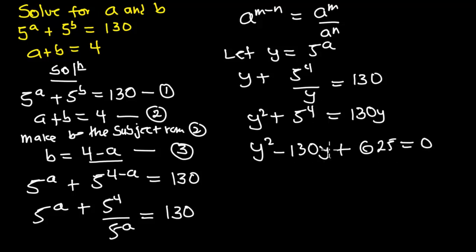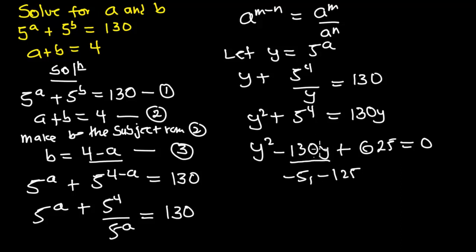Now we are going to manipulate negative 130y, in that we are going to find two numbers that when we multiply we get 625, and when we add we get negative 130. And so we pick negative 5 and negative 125. When you multiply negative 5 by negative 125, you have 625, and when you add, you have negative 130.